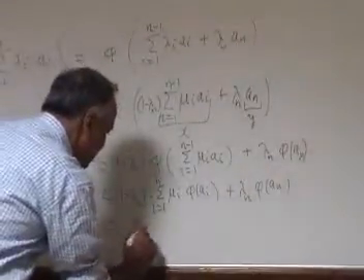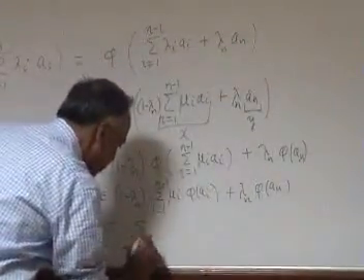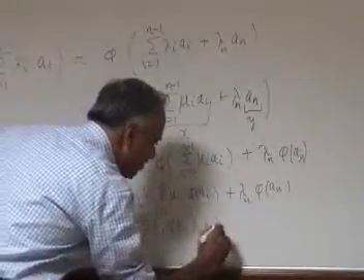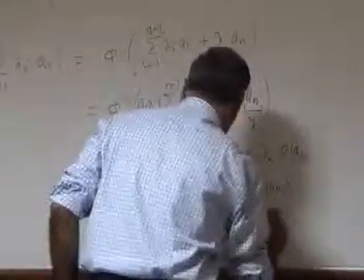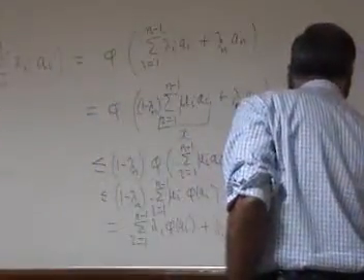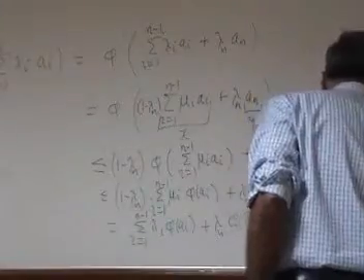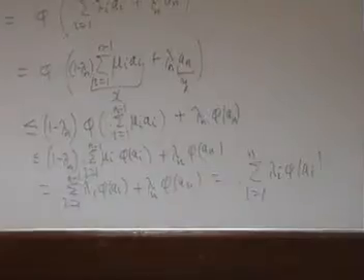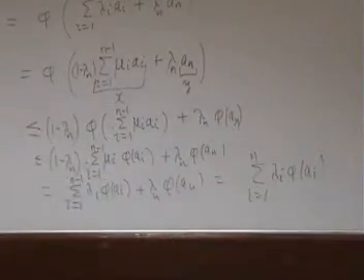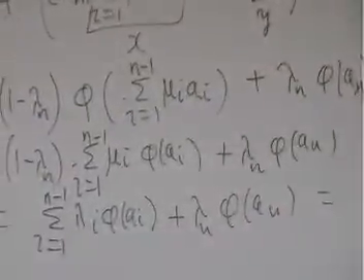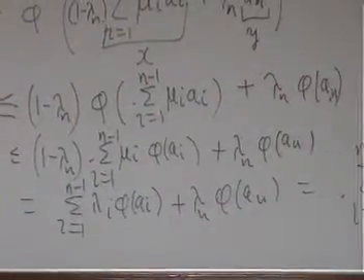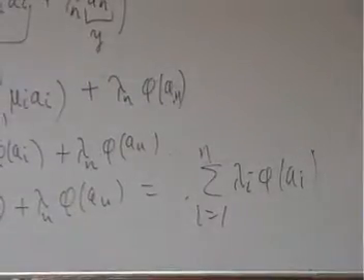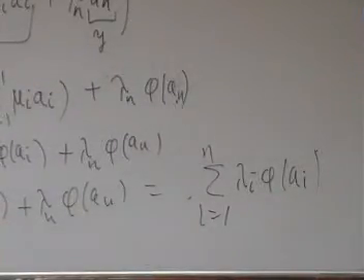So this is equal to the summation i equals 1 to n minus 1 lambda i phi a i plus lambda n phi a n, which is the same as the summation i equals 1 to n lambda i phi a i. This is again the same trick. You divide it into two parts, apply the two-number result which is available to you, and apply the n minus 1 result. Together you combine, and you get the result for the general case.